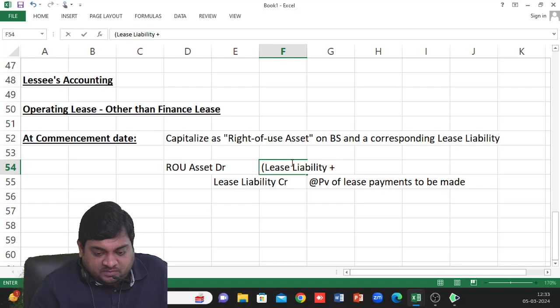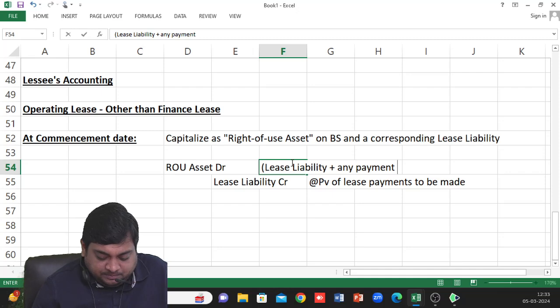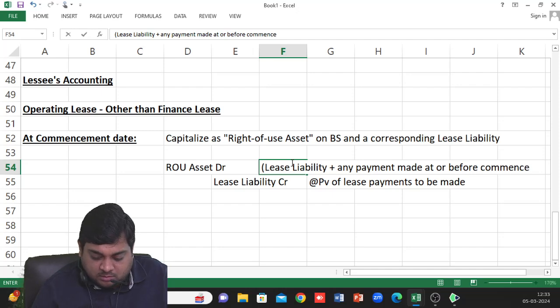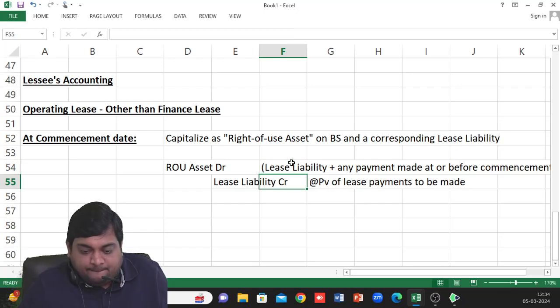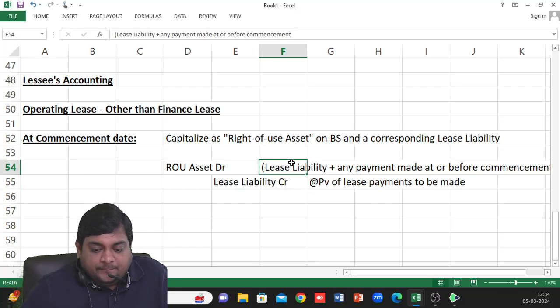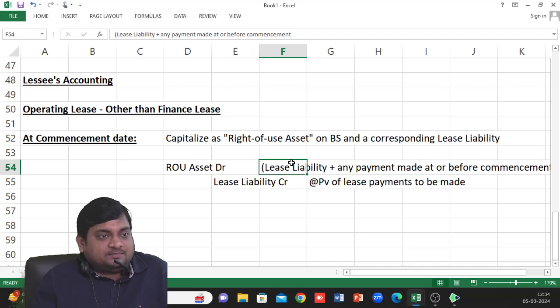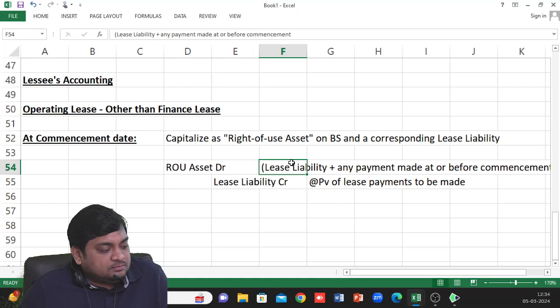Plus any payment made at or before commencement. So it will be ROU debit, lease liability credit, cash credit. Yes or no?